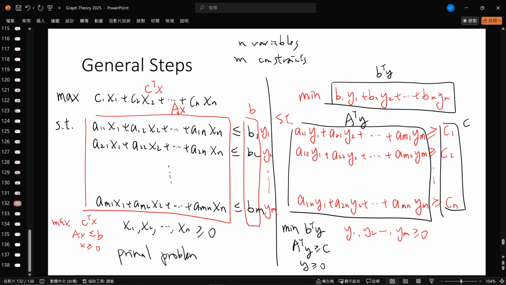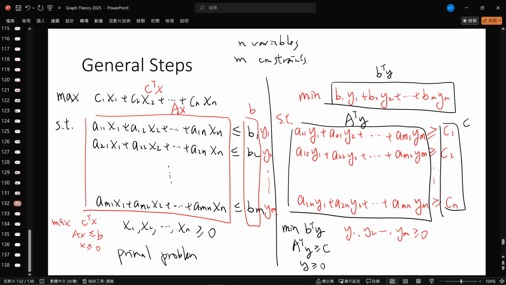Now for the constraints in the dual problem, the right-hand side is also quite easy. The right-hand sides are just the coefficients of x in the original problem, c1, c2 up to cn. For every variable, you have to create a corresponding constraint.